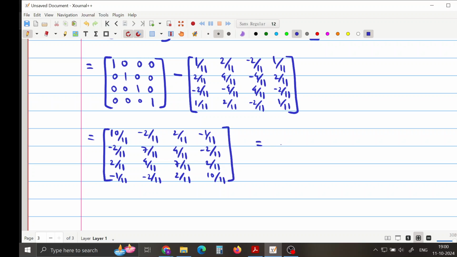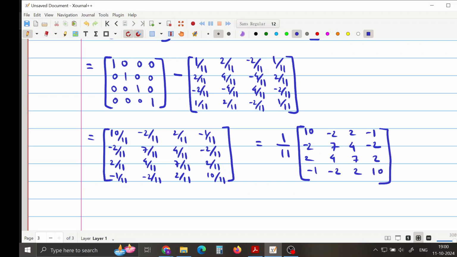And you can simply take this 1 upon 11 factor outside, okay. So this is your answer.